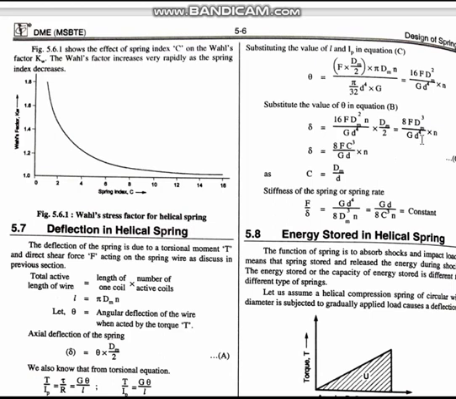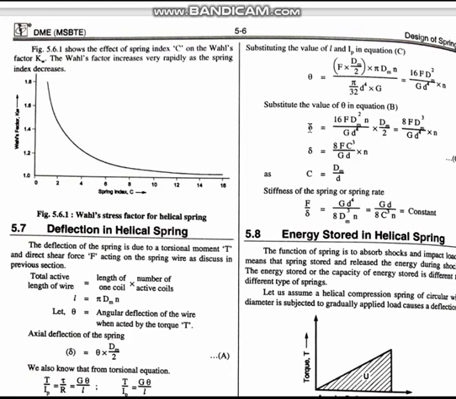Here it is given in terms of capital C and small d, because capital Dm cube upon small d cube will become C cube. Here it is written C is nothing but Dm by small d. Now this is another equation. One equation we have seen, important for springs, is shear stress without Wahl's correction factor.